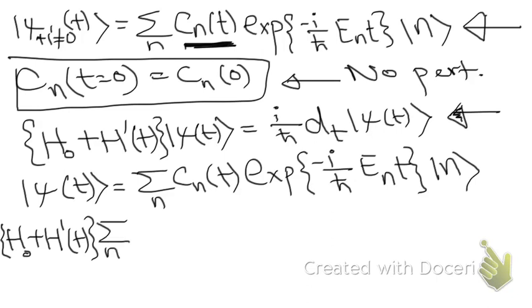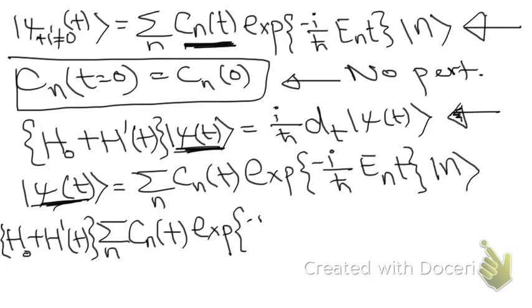Summation over all n, Cn of t, exponential of negative i over h bar En times t, on my state n. All I'm doing is putting in the value of this psi.